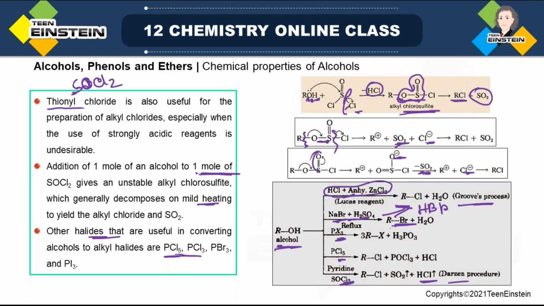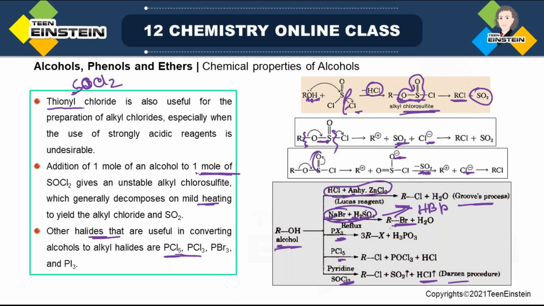So three types of reagents we have used for formation of alkyl halide. One is HX. Sometimes HX is directly used, or you can use this type of mixture where in situ HBr or HCl is produced. So this Na is basically replaced by H and you get HBr.